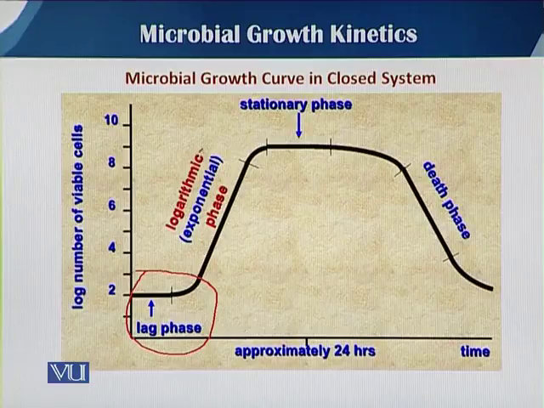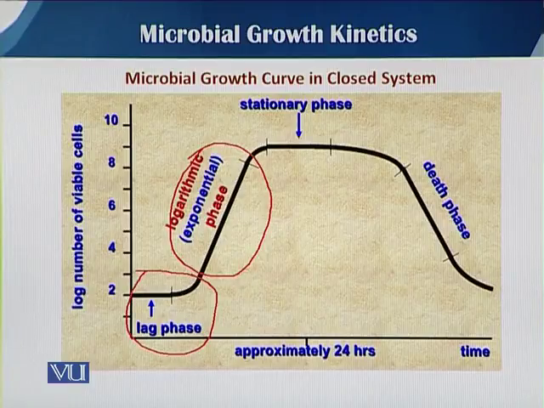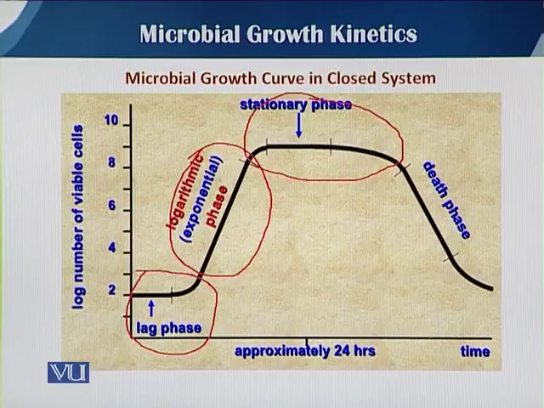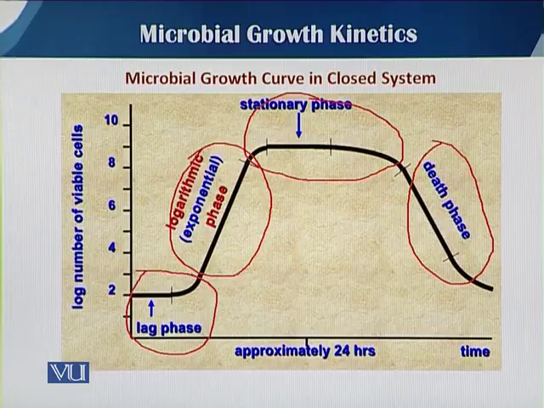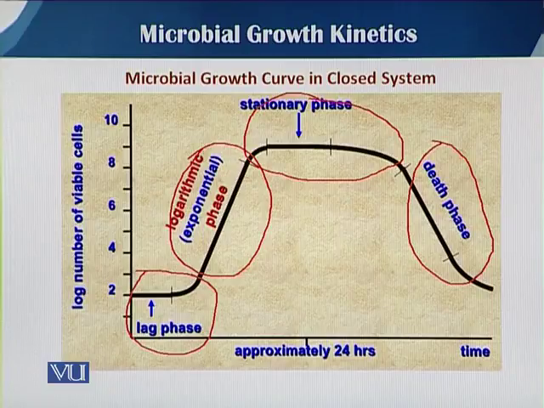Then there is the exponential phase, in which there is maximum utilization of the substrate. Then there is the stationary phase, in which the organisms also have active metabolic pathways, but the death rate becomes equal to the birth rate. In the decline phase, we cannot say that the metabolic pathways become totally inactive; some cells remain active, but the death rate increases above the birth rate.